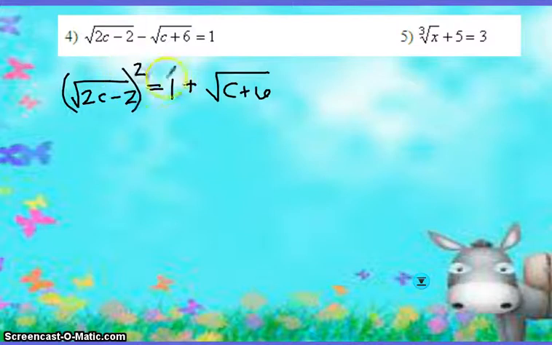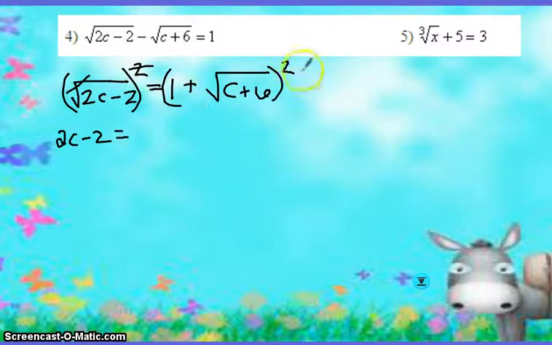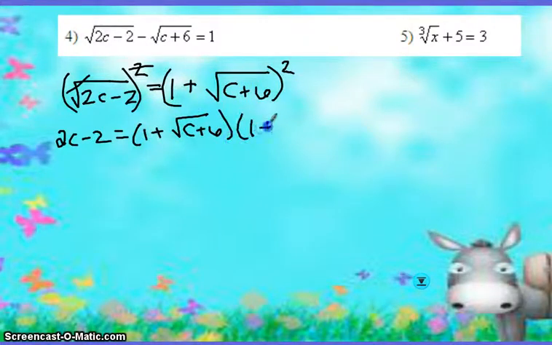Now, you do still raise each side to the power of the index, but here's what's going to happen. The squared will cancel this square root since it's just a single term on this left-hand side. However, on the right-hand side, we are squaring a binomial. Just like always, you are going to have to write this out twice and FOIL.